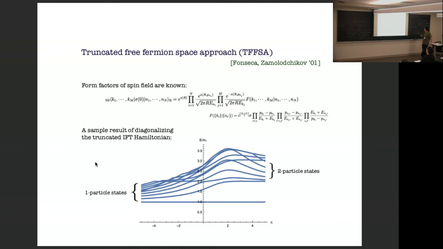There's no perturbation theory involved. I should say that it's possible to study this system using perturbation theory, but it's a bit non-standard. It's not like Feynman diagrams because, say in the free fermion theory, this sigma spin field cannot be expressed in terms of fundamental fields in a simple way. If you want to do perturbation theory, you have to do form factor perturbation theory, which is actually quite hard.